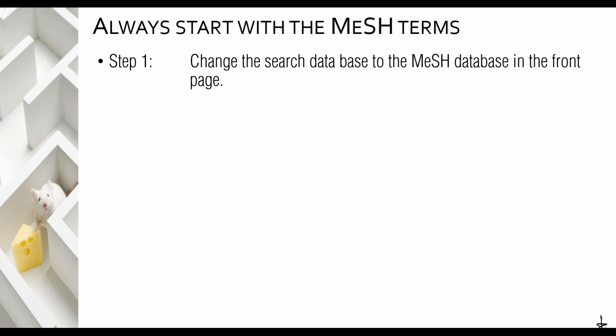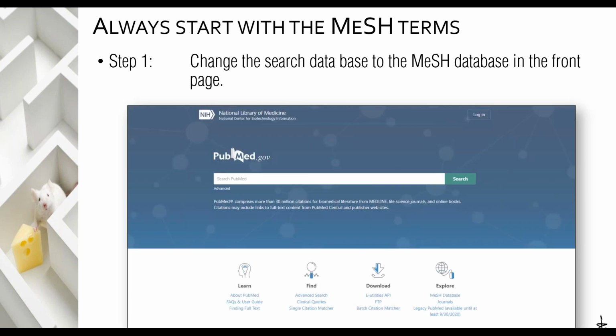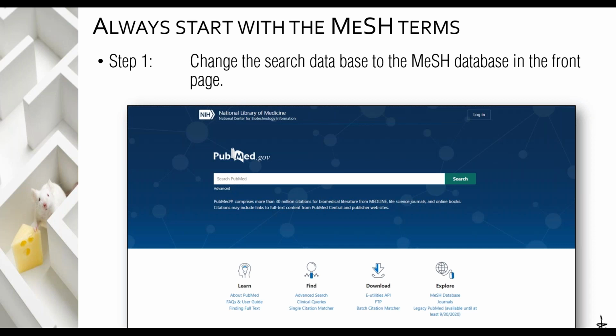So first thing is you go into PubMed and you start with the mesh. So how do I go to PubMed and start with the mesh? You go to the website, obviously, and you press on the word mesh database. It's right here at the bottom. When you press on it, you go to the mesh database.